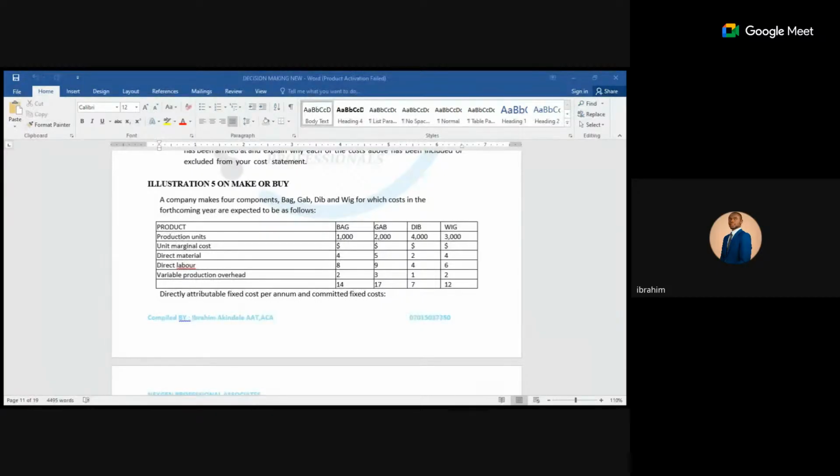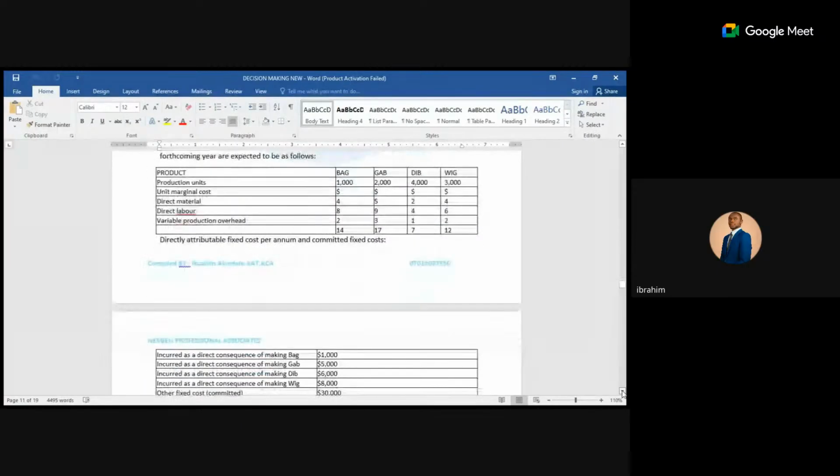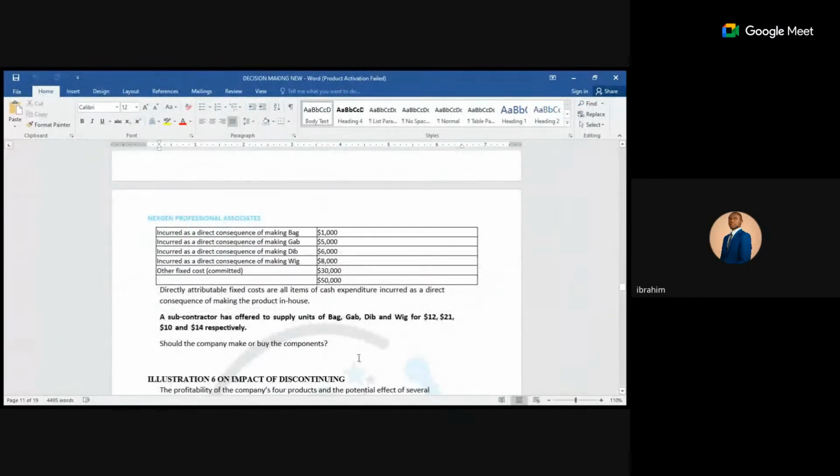So I have a question here on the short-term decision making, make or buy. Required: should the company make or buy the components? So what are the components?